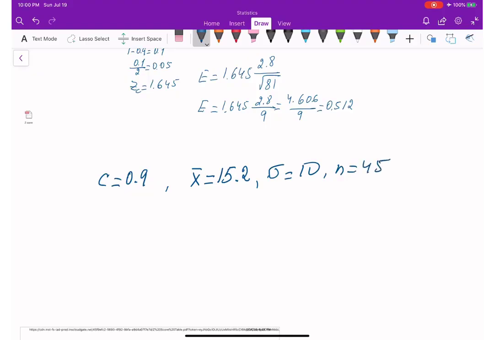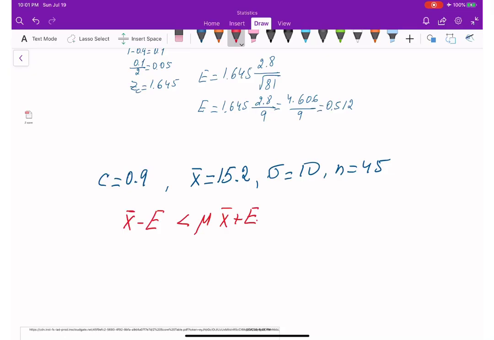So how are we going to solve this? We need to find the confidence interval for population mu. It's going to be x bar minus margin of error and x bar plus margin of error.